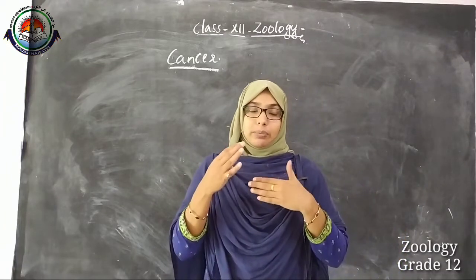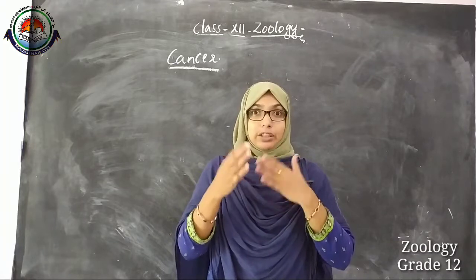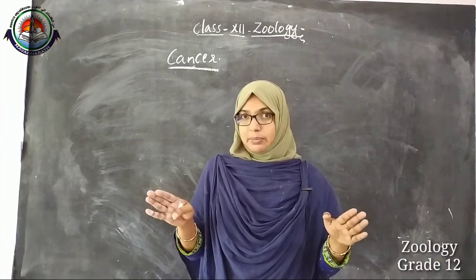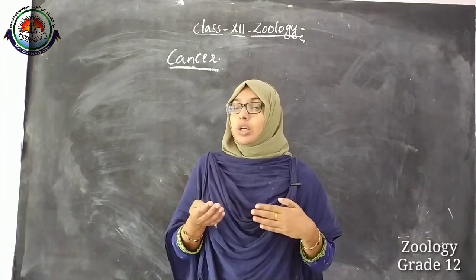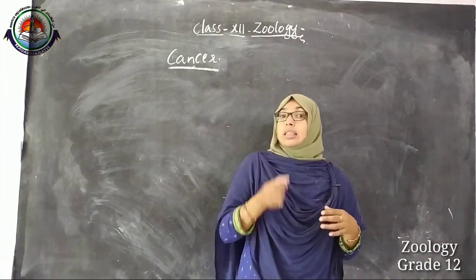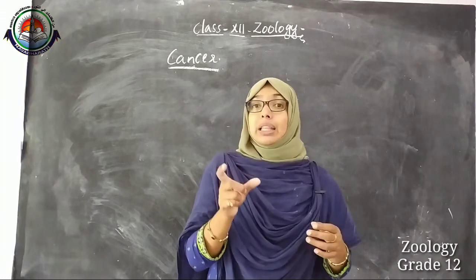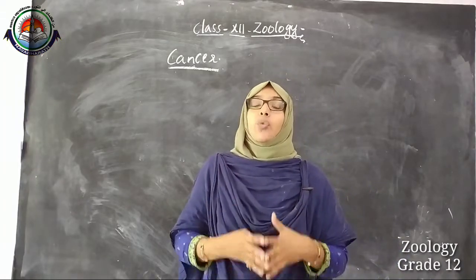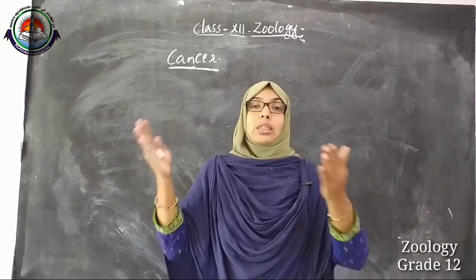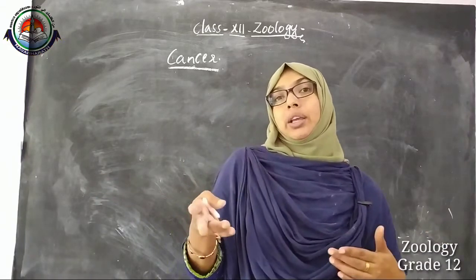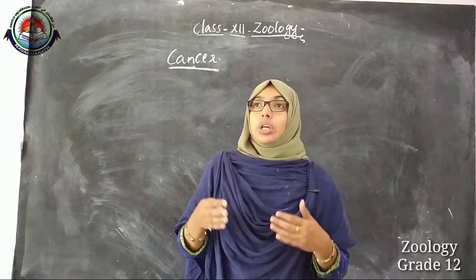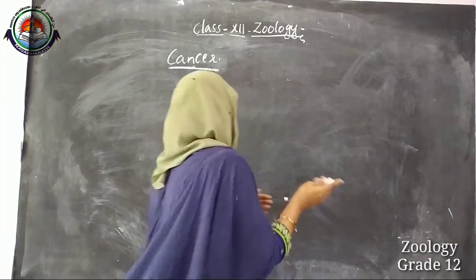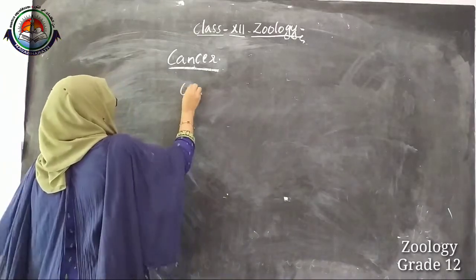So normal cell division and proliferation follow a controlled mechanism. But in the case of cancer cells, there is a breakdown in this regulatory mechanism. That is why, without any control, they keep dividing and dividing.